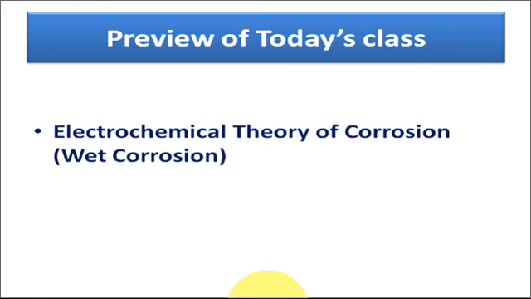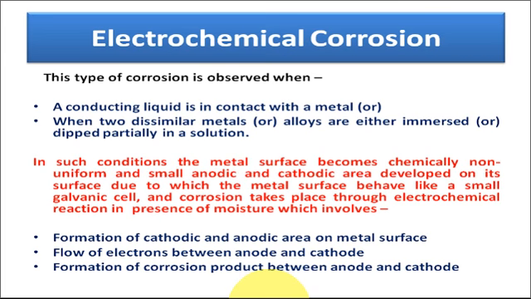So today we are going to discuss the electrochemical theory of corrosion, or wet corrosion. Basically, the electrochemical theory is the most widely accepted theory for the explanation of wet corrosion. Wet corrosion means corrosion in presence of moisture. It is also called wet or immersed corrosion.